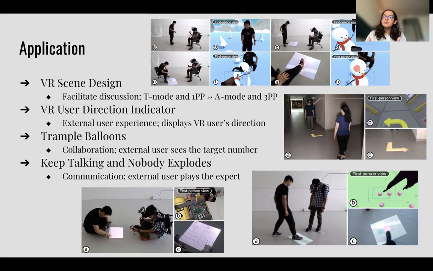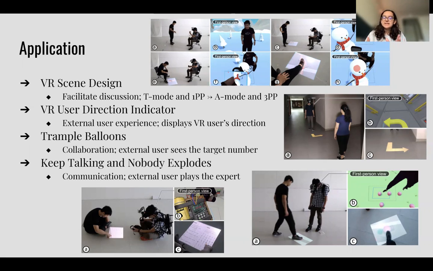That's when the VR user would share it in tag along mode, first-person perspective, to see what they could do. Once the external user has given his input, they would have it in anchored mode and third-person perspective, just to have a more stable form of the display.